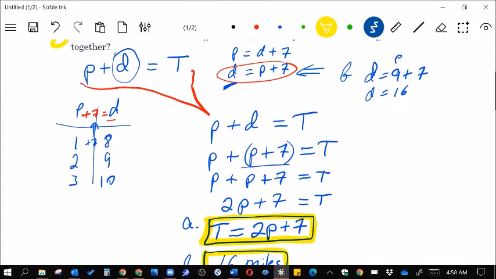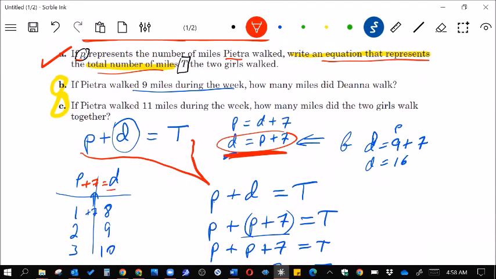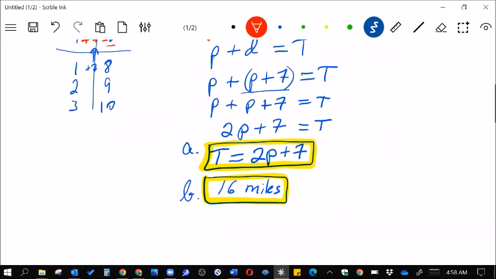So that second question only used this basic simple equation. The third question is where we're based on the walking together. If Pietra walked 11 miles, how many did the two walk together? For C, we'll use the total is equal to 2p plus 7.